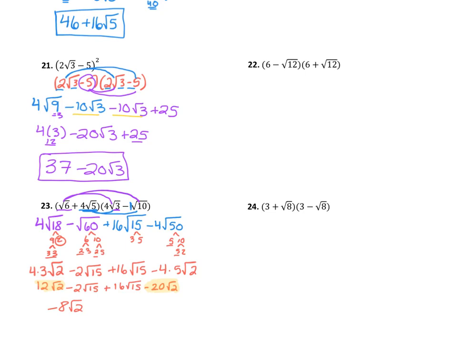Then I have negative 2 root 15 and 16 root 15. So that will give me 14 root 15. And since this is a square root of 2 and that's a square root of 15, those will not add. So that is how I leave my final answer.